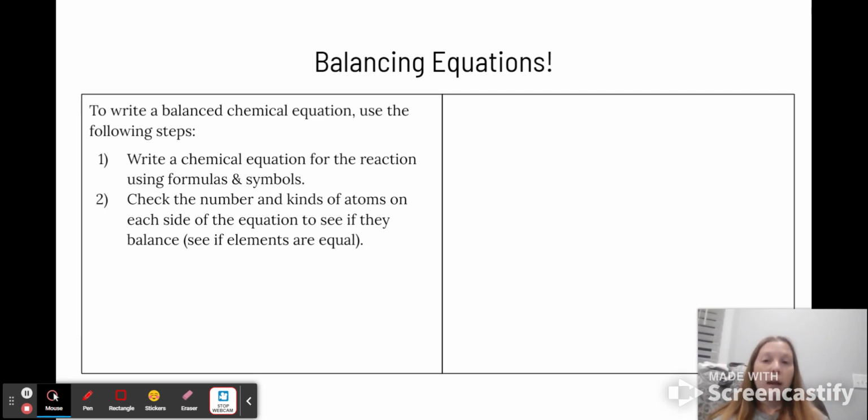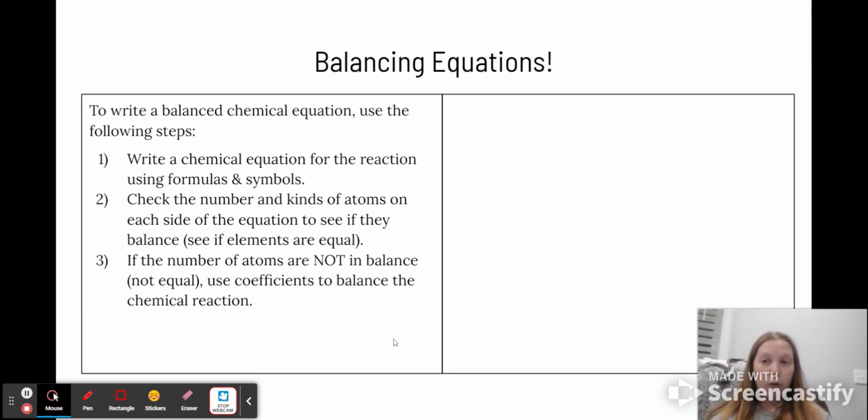You're going to check the number and kinds of atoms on each side of the equation to see if they're balanced. If you have the same number on both sides from the get-go, then you don't have to do anything. But if you don't, you have to go through and add coefficients in. So if the number of atoms are not balanced, use coefficients to balance the chemical reaction.